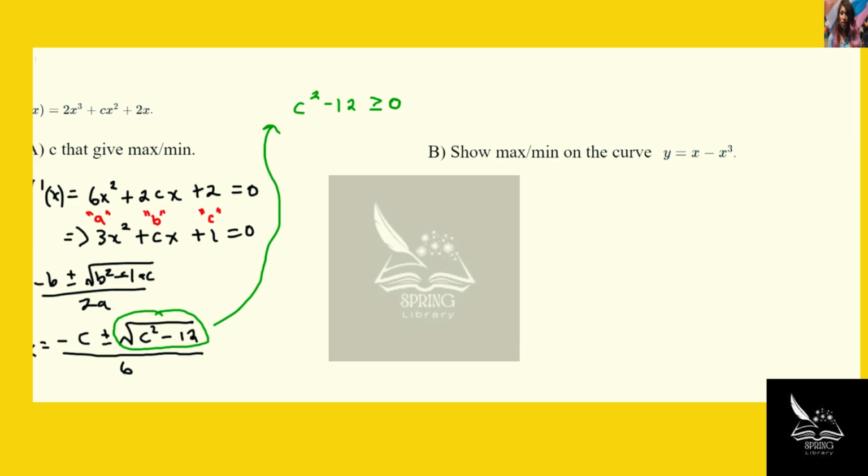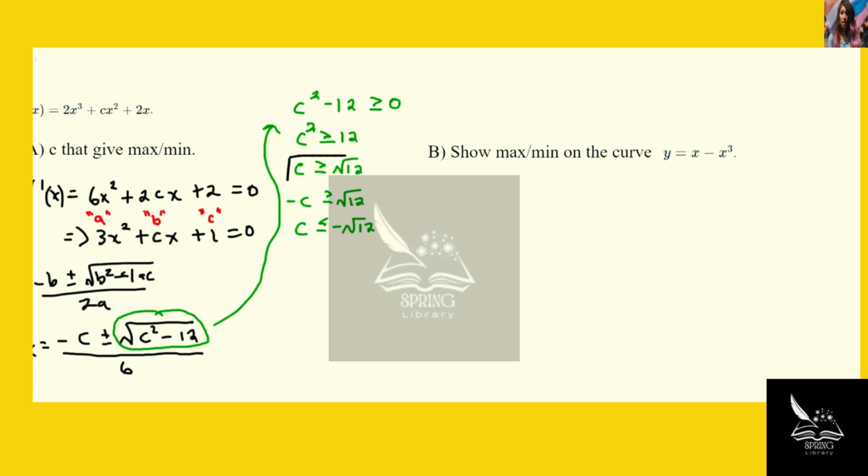So I can add 12 over, and I get c squared greater than or equal to 12. Then we can take the square root, so c is greater than or equal to the square root of 12. Well, that's one solution, but c can also be negative, and then multiplying the negative over, we get c less than or equal to the negative square root of 12.